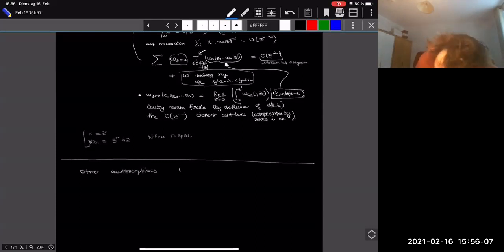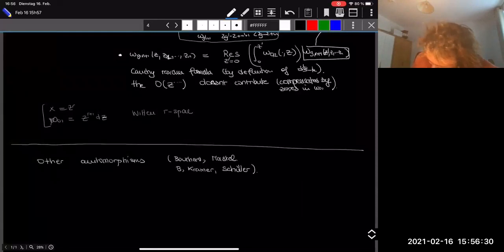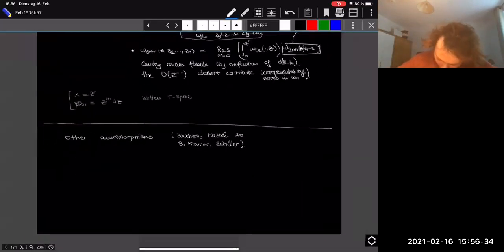So here there was some work of Vincent with one of his students, and a parallel work that we did with Rainier and Yannick Schuller, who was a master's student, who is now a PhD student with Andrea Brini in Sheffield. So this is from last year. It's essentially a lockdown paper.